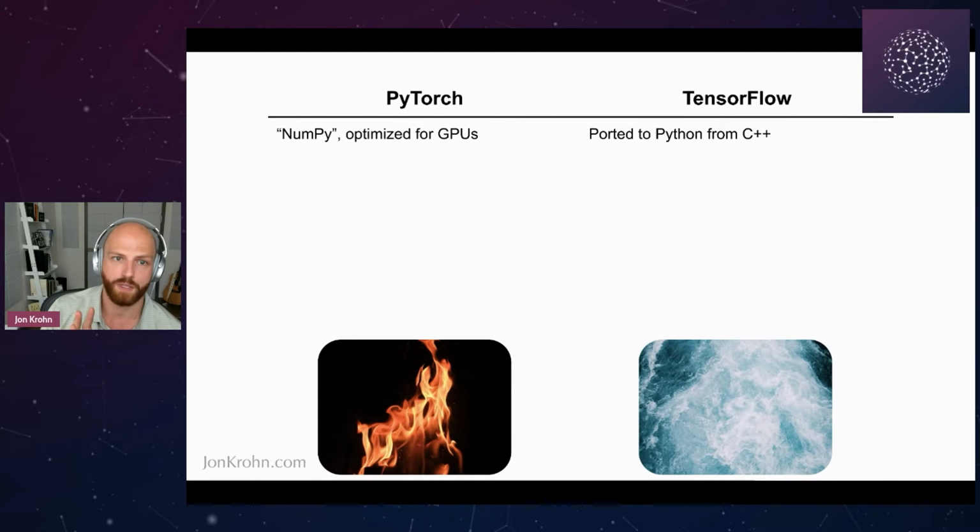GPUs have typically thousands of relatively simple processors that can run in parallel. And as it happens, those simple processors are outstanding at the simple linear algebra operations that are at the core of all machine learning models, especially deep learning models. So Pytorch allows us to compute in deep learning very efficiently.